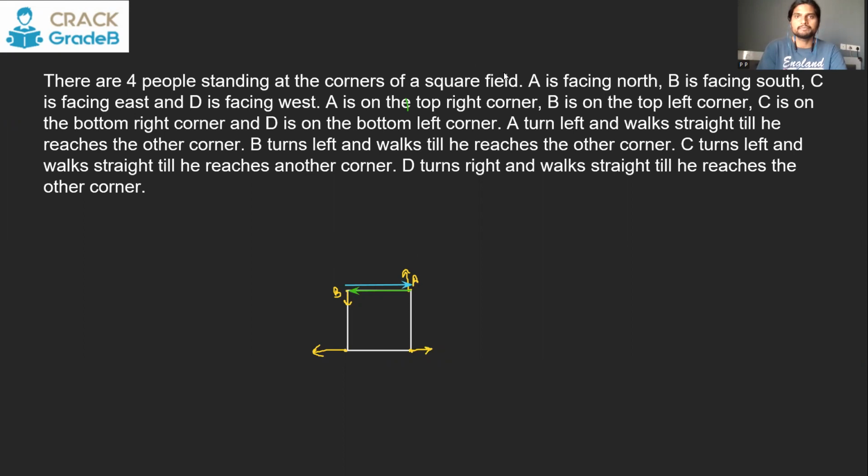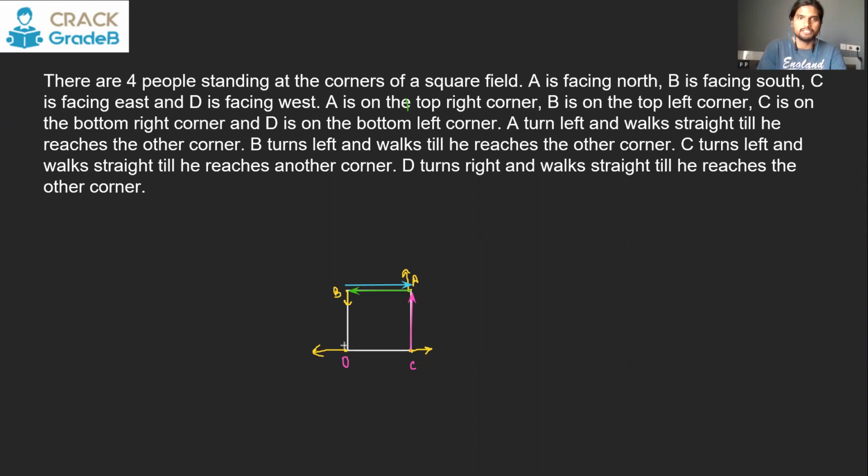C turns left. C is here. This is C. This is D. C is going to turn to left. Left means up. And he is going to reach this position. And D turns right and he reaches another corner.